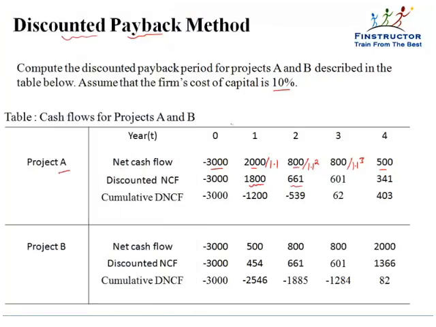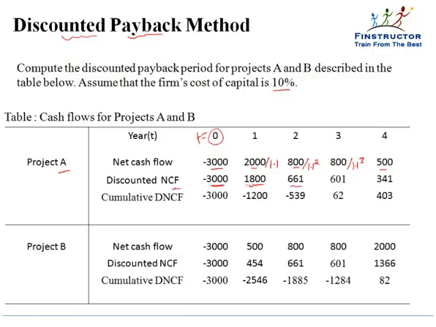So now that you have the discounted cash flows, can you compute the payback period using these cash flows? So I need to recover $3,000. Please note that the discounted back value of this $3,000 will be the same as 3,000 because it is coming at t equal to 0.